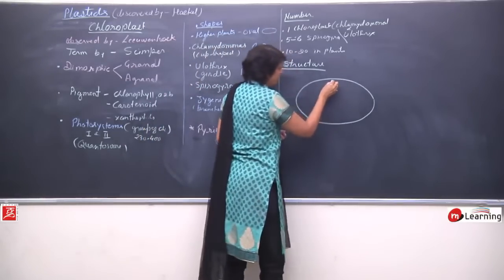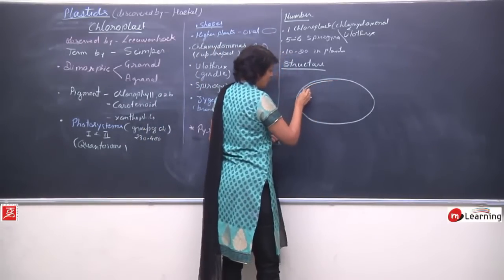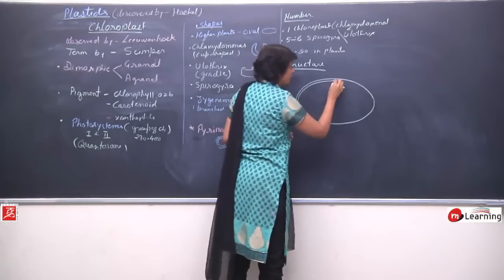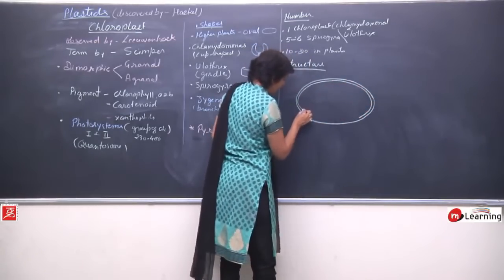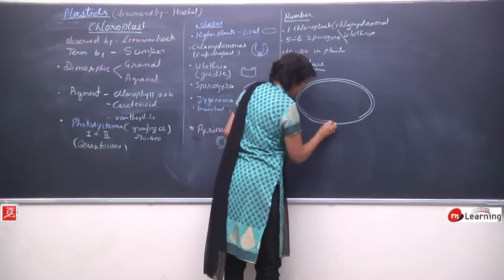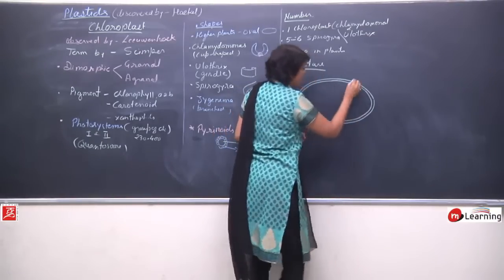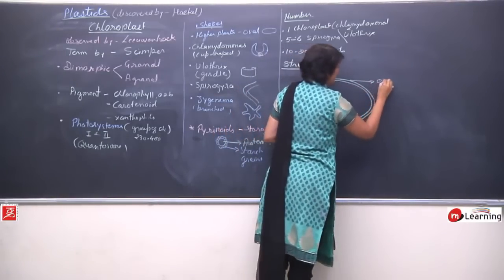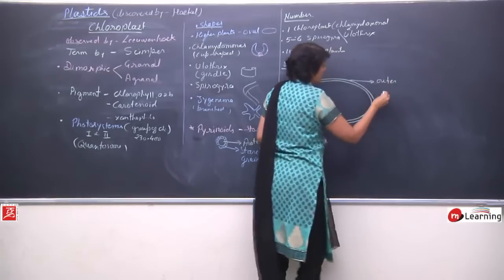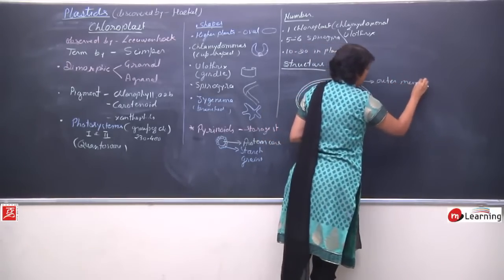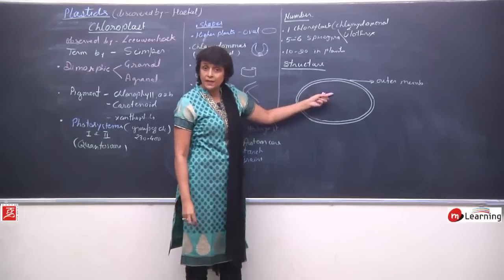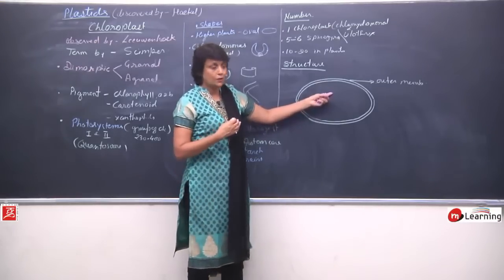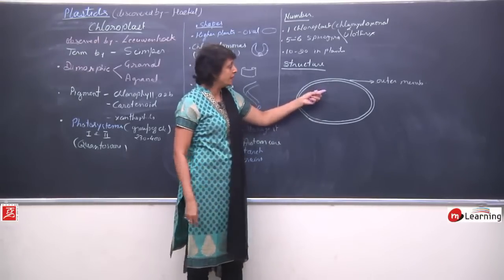The outer membrane and inner membrane both are made up of same protein and phospholipid structure, typical plasma membrane type of membranes. Outer membrane is more permeable, same as case of mitochondria's outer membrane.